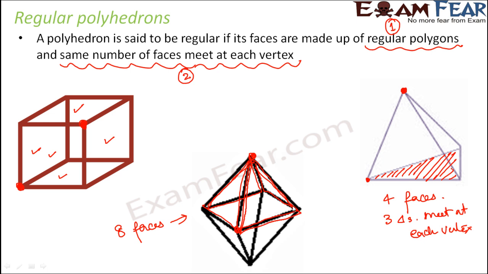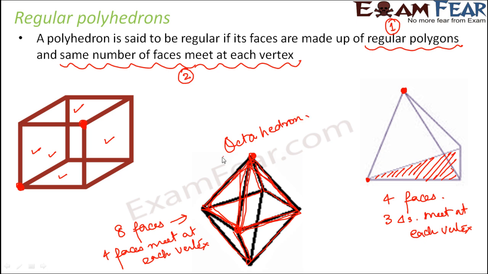Here also 4 triangles meet at a point. So we see that 4 faces meet at each vertex. So both the criteria are satisfied, and therefore this is also a regular polyhedron. The name of this regular polyhedron is octahedron, that means a polyhedron with 8 faces.